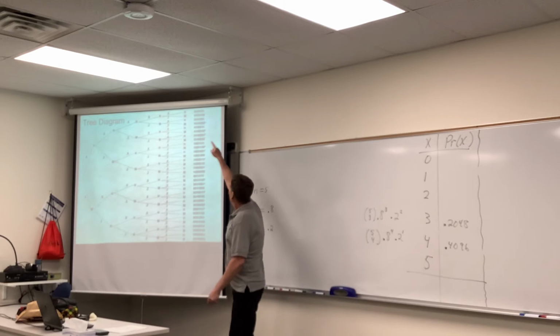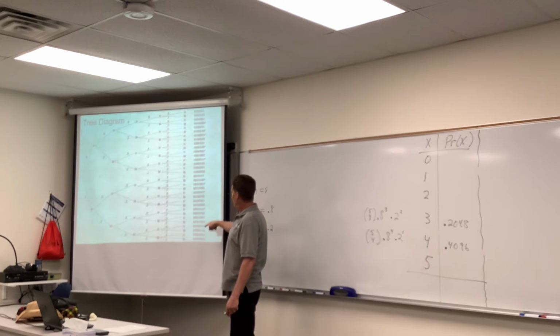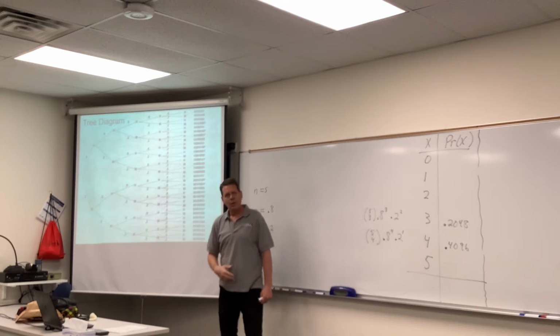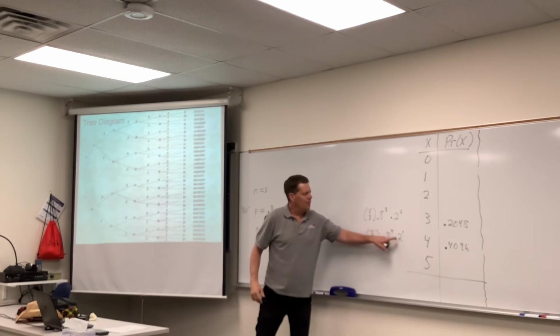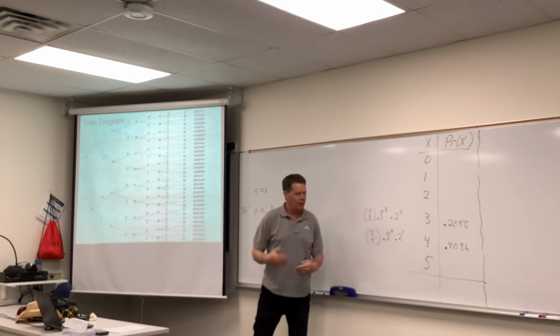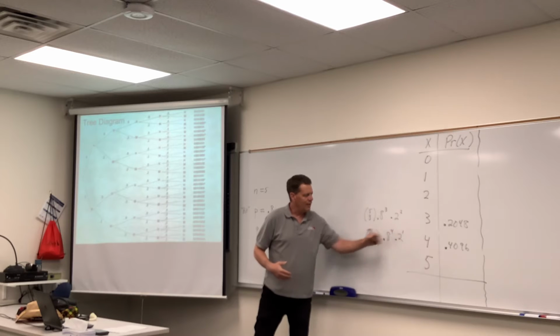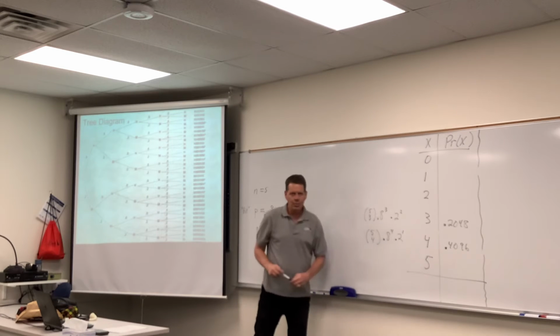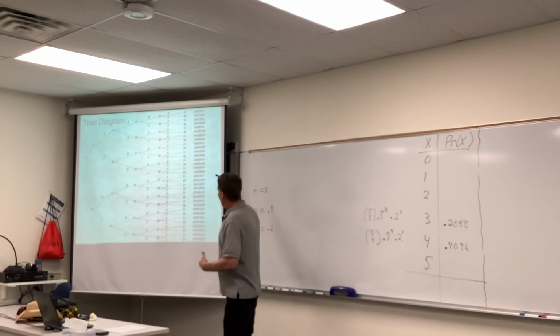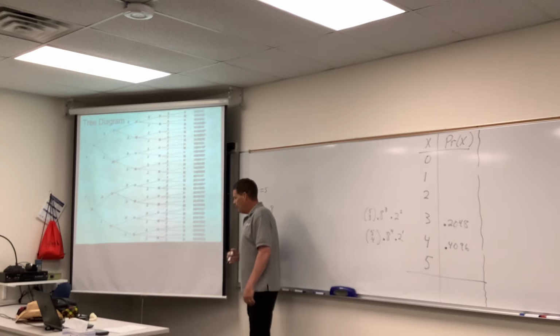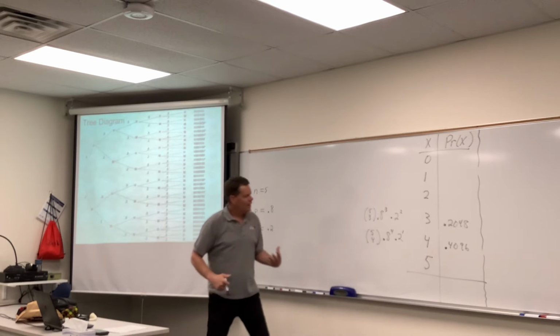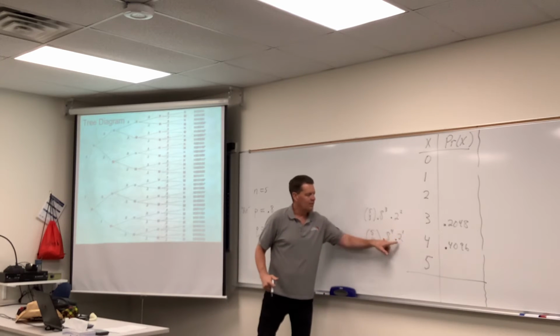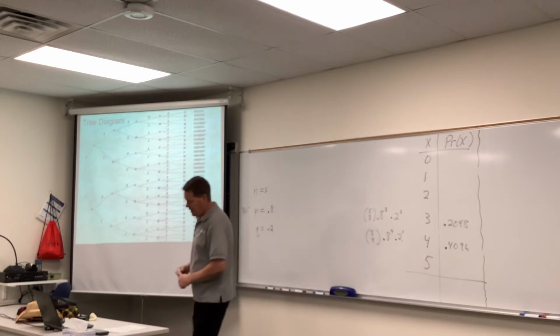There are 5 of these sequences of 5 shots where he hits 4 of them and misses 1, ranging anywhere from hitting the first 4 and missing the last 1 to missing the first 1 and hitting the last 4. But that's the significance of that multiplier. That's how many branches. And there's 32 total branches there. 5 of them are where he hits 4 and misses 1. That's the idea there.